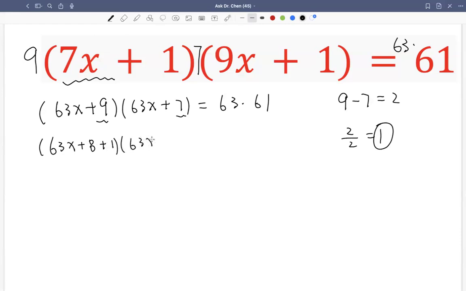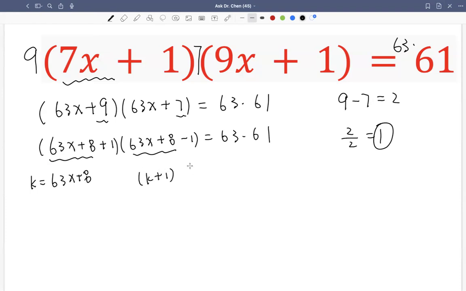Then 63x plus 8 minus 1. Right? Now you see we have made something same. If we let's call this k, let's call k to be 63x plus 8. So I have a k plus 1 times k minus 1, difference of 2 squares. So this is k squared minus 1 equals to 63 times 61.